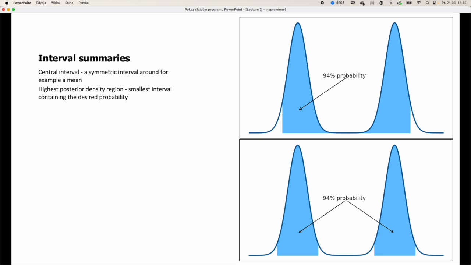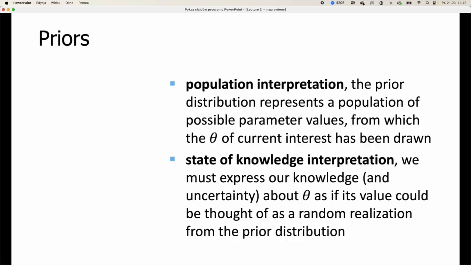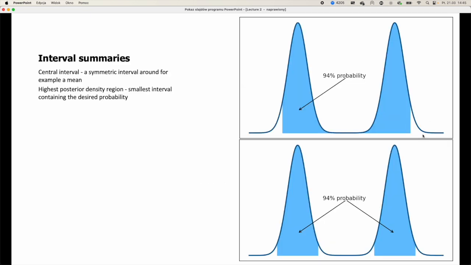So the smallest interval that will consist of 94% probability, but it not necessarily has to be a compact set, because it can be split here. The smallest interval here will be the sum of these two, right? So we have multiple options of summarization.